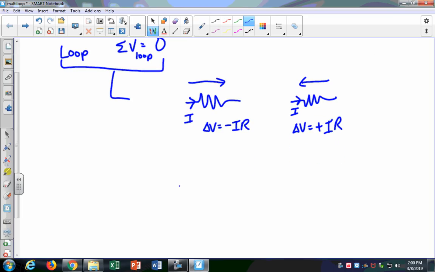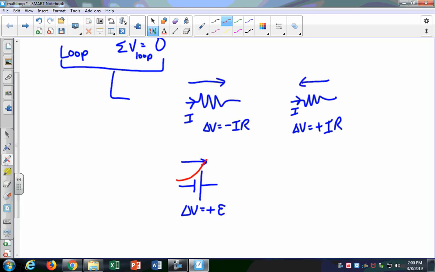And then if I'm going through a battery, it doesn't matter the direction of the current, only the traveling direction. The change in potential in this case is positive E, because I'm going from low to high. So it's like my electrons are ramping up. They're gaining energy, like on a roller coaster.